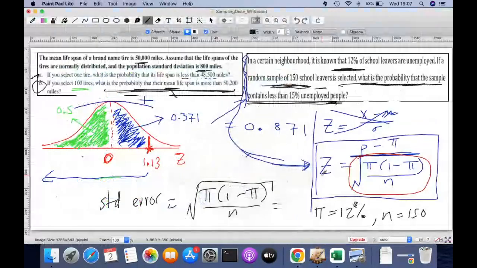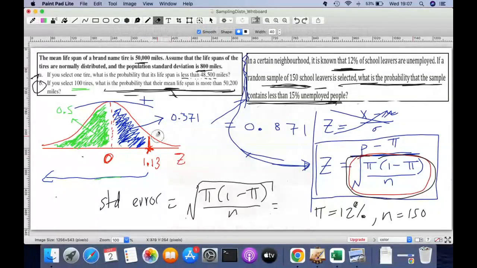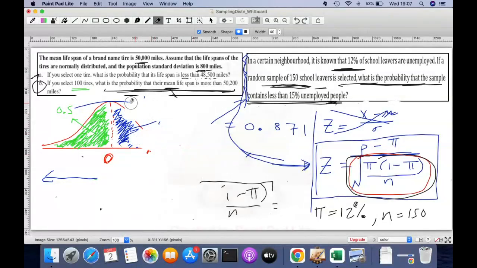So remember, if you were talking about the problem on the right, this would be your standard error. But if you were talking about the problem on the left, let me clear the board again.